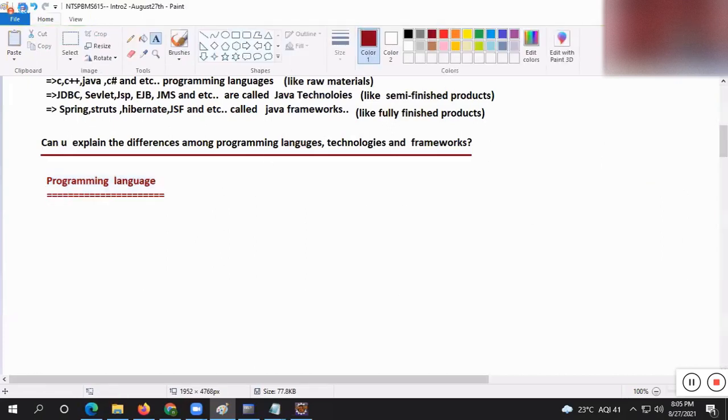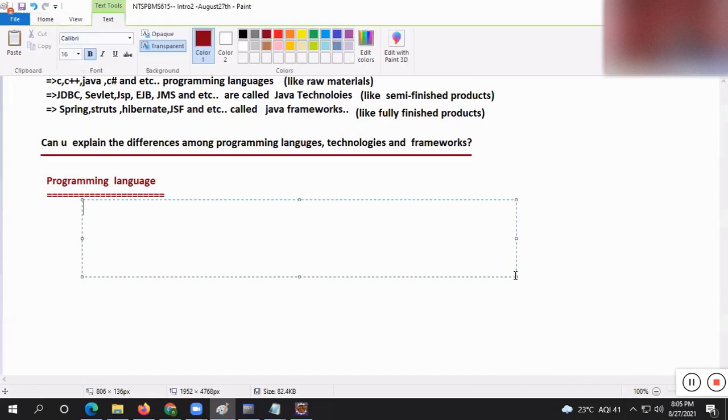Listen. These are directly installable software acting as raw materials, providing basic features of application development. Number 2: programming languages define the syntaxes and semantics of programming.